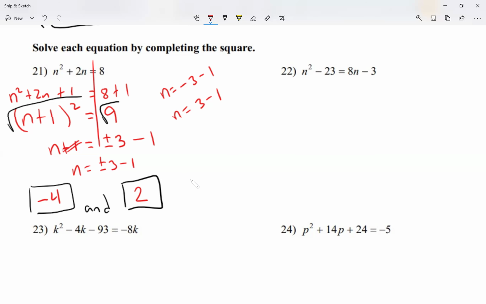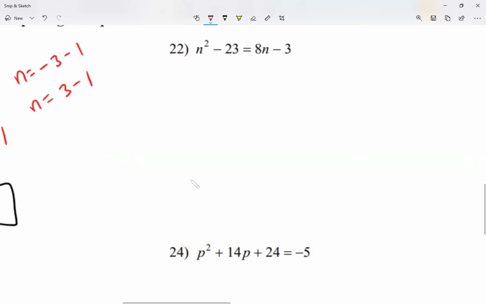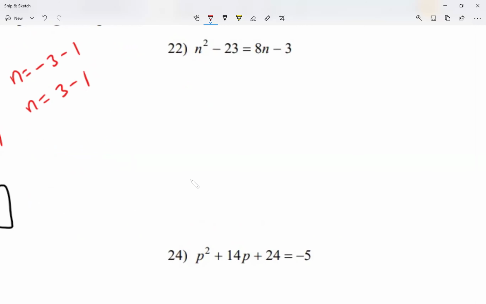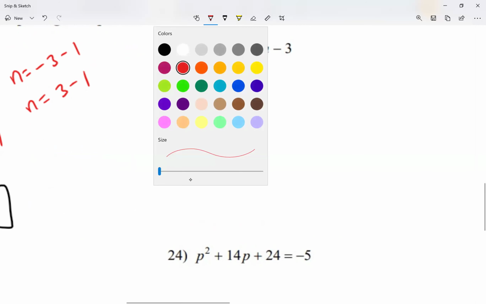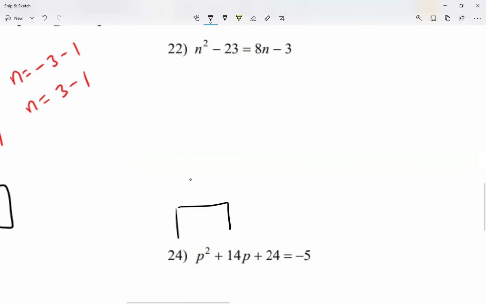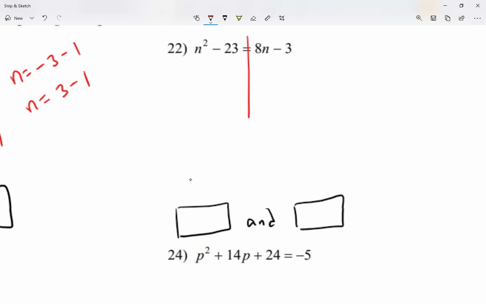All right, let's do it again. Let's take a look at number 22. Let's look at another example. I know that at the end, I have to give two answers. I see two spaces. So what I'm going to do, everything that has a letter, I'm going to move it to the left side. So this 8n, it's on the right side.